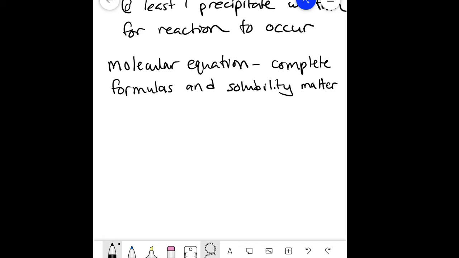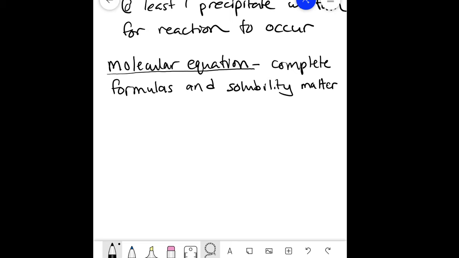And since you're doing double displacement, your reactants are probably going to be both aqueous, because they wouldn't combine to react if one of them was solid. So always check, but in most cases, both your reactants are aqueous. Molecular equations are just the type of equations you're used to balancing. You do need to balance them to work out.